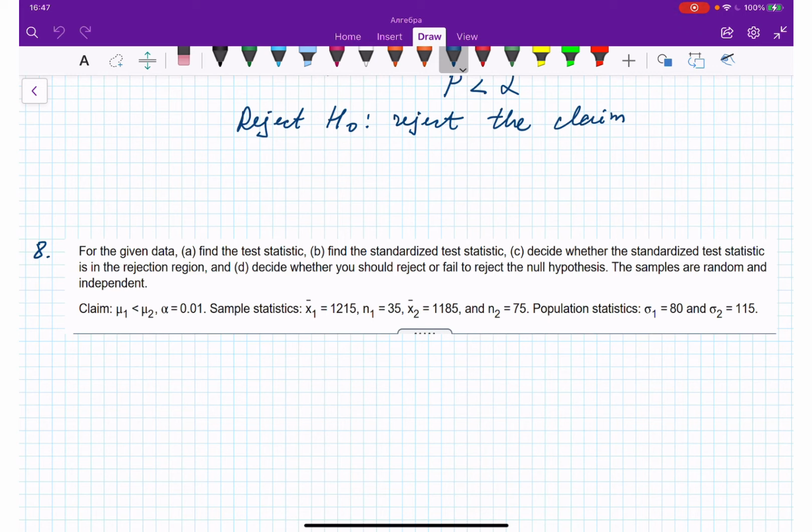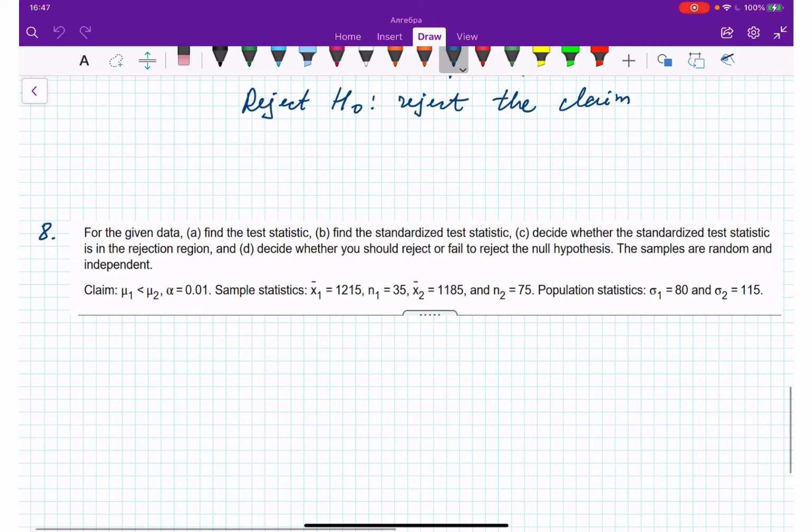For the given data, find test statistics, find standardized test statistics, and so on. So let's write down what we have. First of all, test statistics. Our claim is mu1 less than mu2.